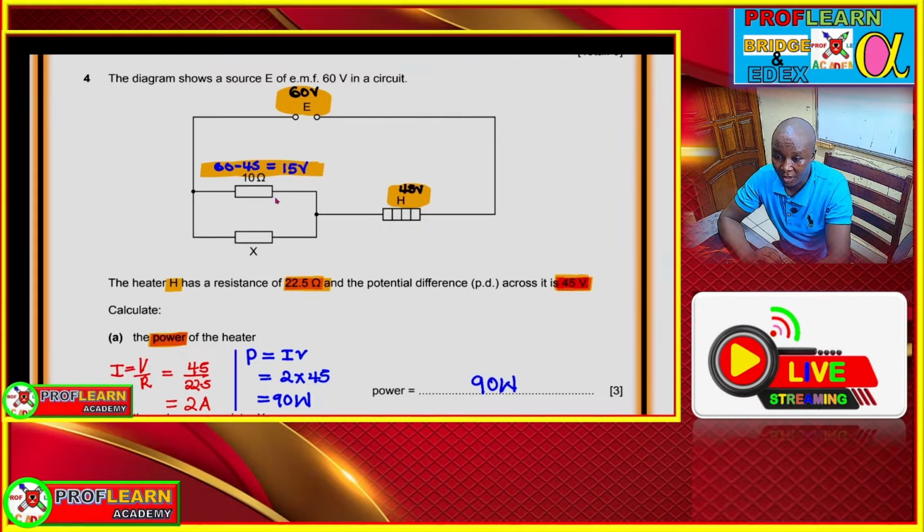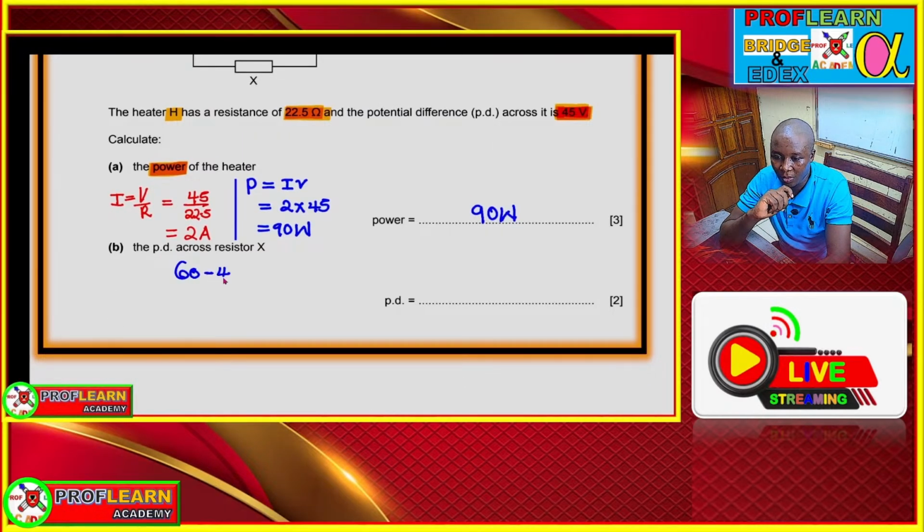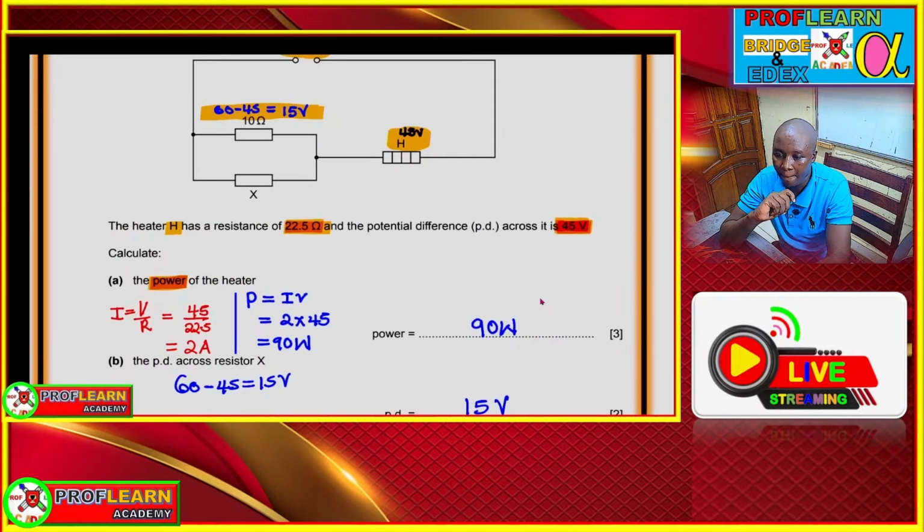So the PD across the 10 ohm resistor is 15, and also the PD across component X is going to be 15 because these two components are parallel. Anytime you have two components which are parallel, they have the same voltage. So the PD across X is 60 minus 45, and that is 15 volts there.